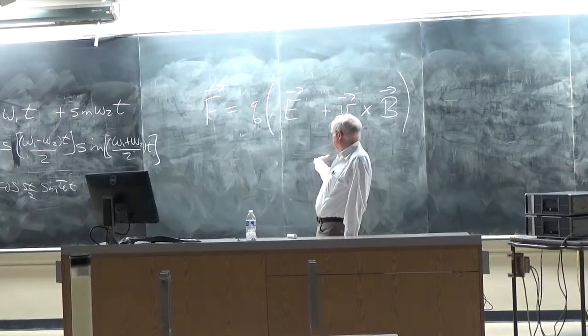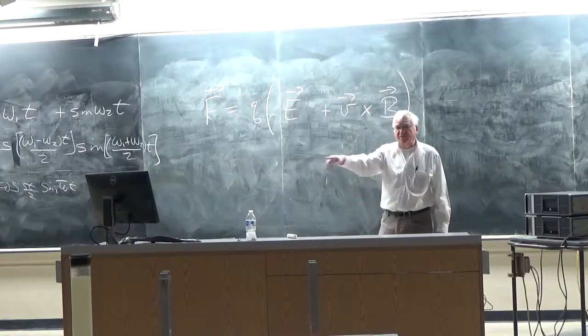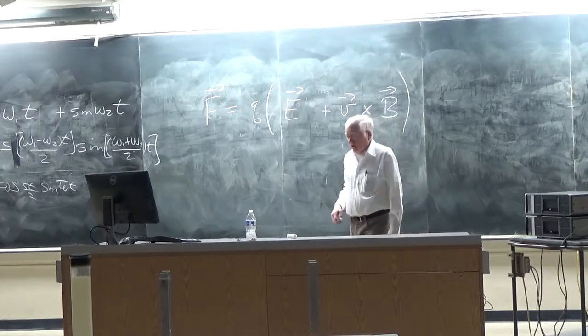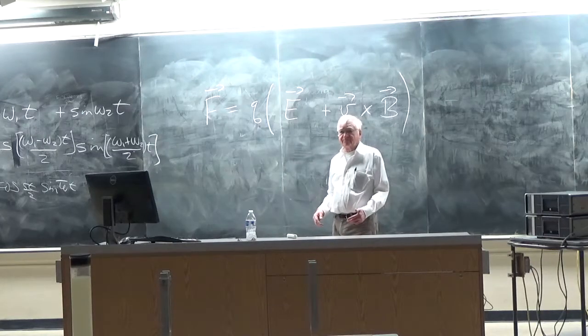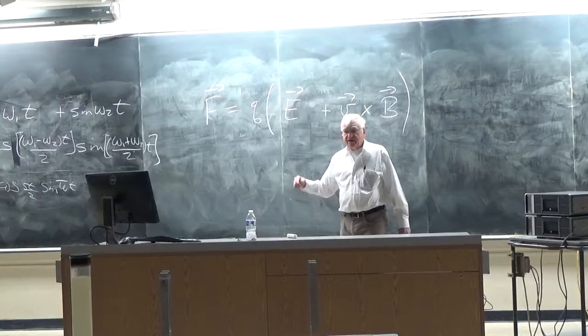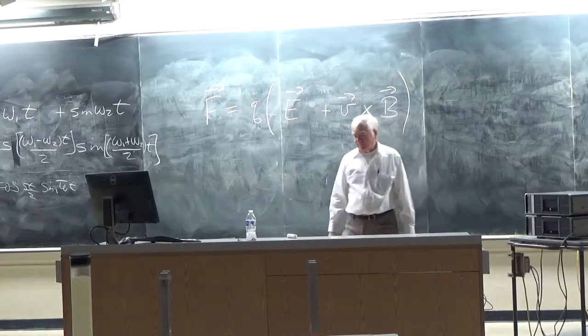Then you would do V cross B, and now the force would be this way, so it would eventually move in a circle. If there's also an electric field that was vertical, say, then it would move in a helix, going up or down.